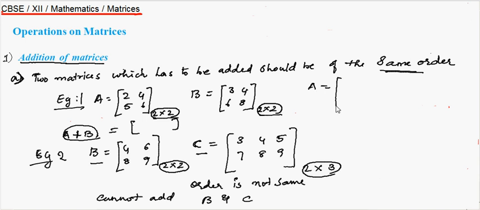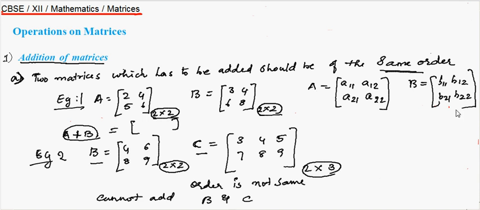Suppose a matrix A is this, I'm just checking the general terms, and matrix B is B11, B12, B21 and B22. The order of matrix A is 2 by 2 and B is also 2 by 2, so now I can add these two matrices.